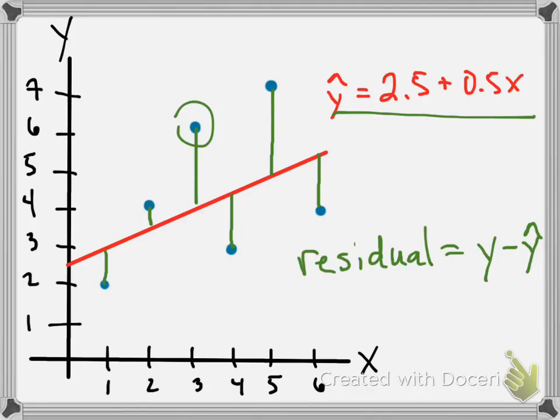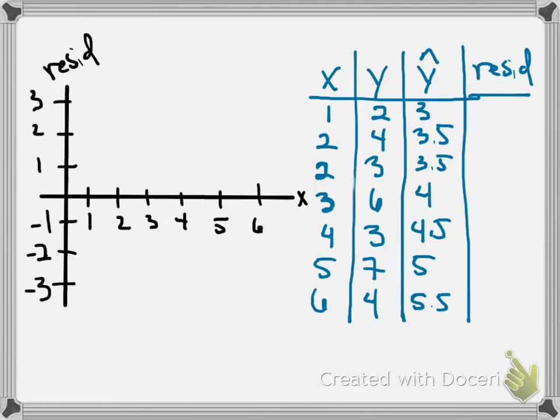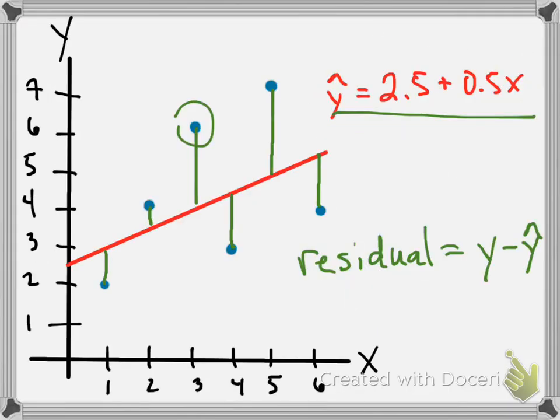So let's move on and talk about what a residual plot is. In a residual plot, of course, you're going to have to take each of your points from your scatter plot and find the residual for it. So what I've done in this table is I've written out the x and the y coordinates for each of the points in the scatter plot that you saw on the last slide.